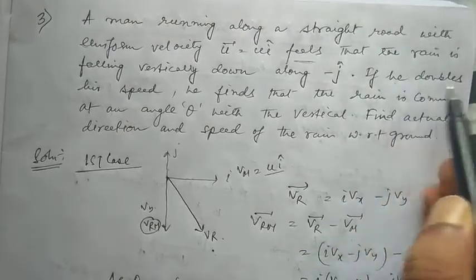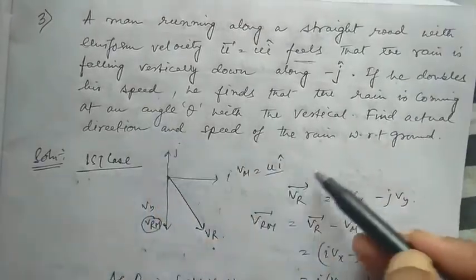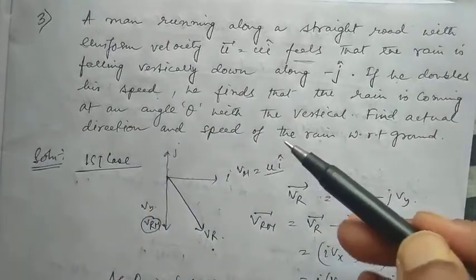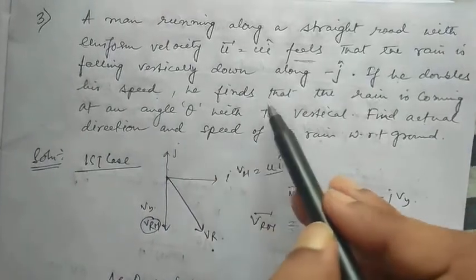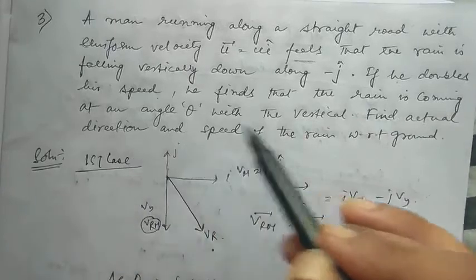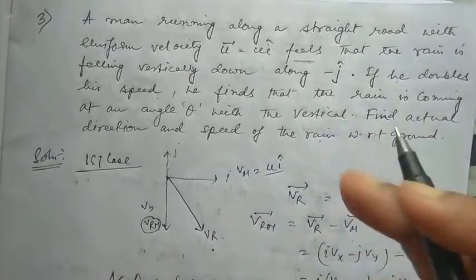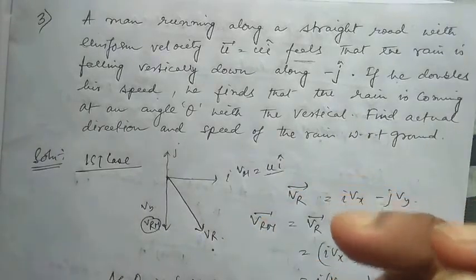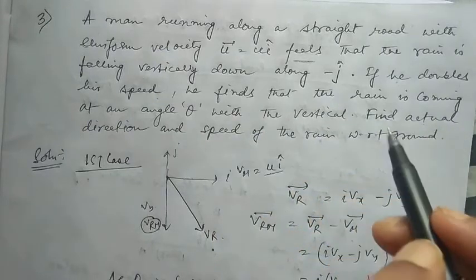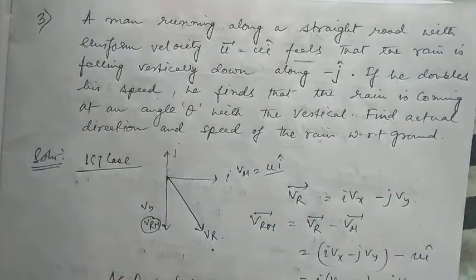If he doubles his speed, now the speed was u, if he doubles his speed means it becomes 2u. He finds the rain is coming at an angle theta with the vertical. That means he is observing the relative velocity to be theta with the vertical. Find the actual direction and speed of the rain with respect to ground.